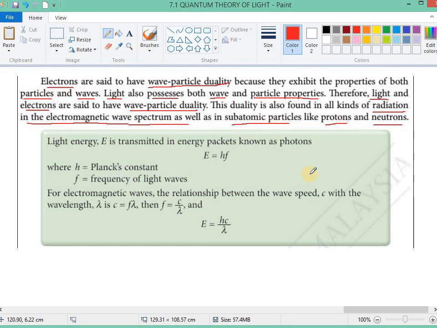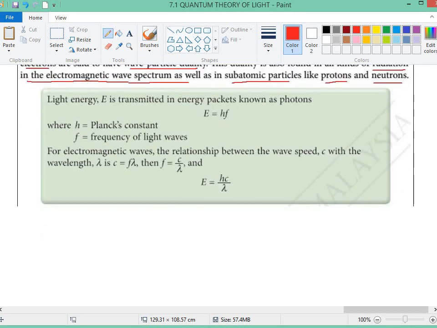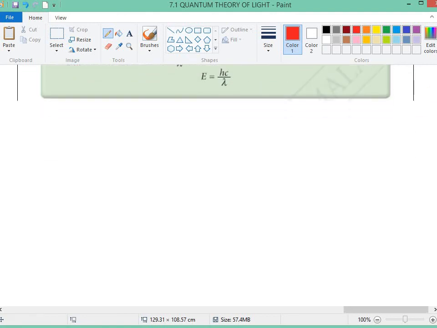So why is it that we say electromagnetic wave or light wave also have wave-particle duality? We know that electromagnetic wave is a wave, but what is the characteristic of electromagnetic wave that shows it has behavior of a particle?